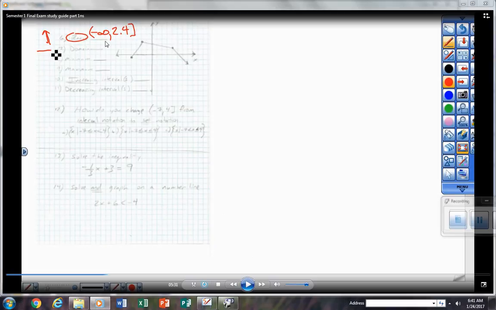So again, range is measured from bottom to top. Since that arrow is going down, there is no bottom, so negative infinity. 2 right here on the y-axis, about 2.4, and again that would be a square bracket because that's a solid circle right there. For domain, domain is measured left to right looking at the x-axis numbers.